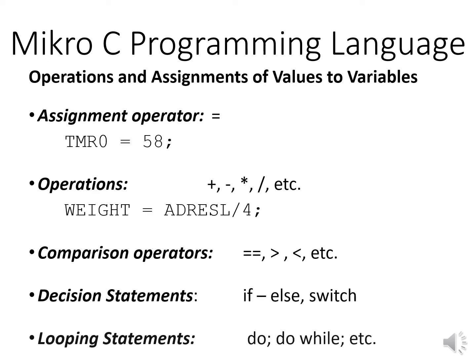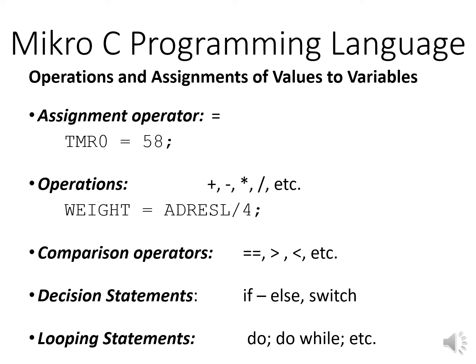Operations and assignments of values to variables are done the same way they are done when using the standard C programming language. On the slide, we've got a couple of examples and a couple of illustrations. In the first example, we are assigning the value 58 into the SFR timer 0. In the second example, we are dividing the contents of SFR address L by 4 and assigning the results to the variable weight.